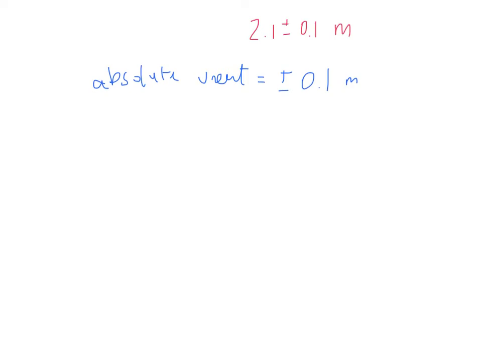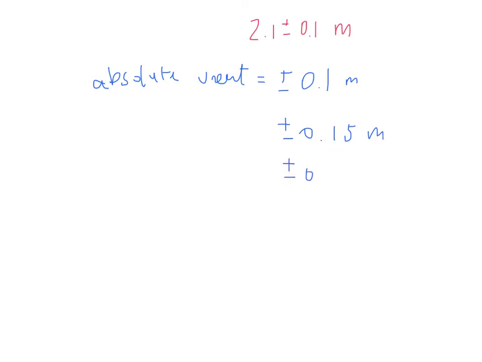And there's a rule that we use at the high school level about absolute uncertainty. The rule is that the absolute uncertainty has only one sig fig. Only one significant figure, or one significant digit. So you would never have something like plus or minus 0.15 meters at the high school level.